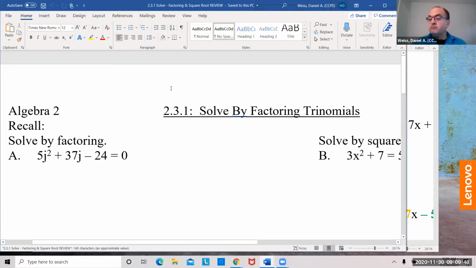So we did this before the break. We've done two ways to solve a quadratic. We've done it by factoring, right?